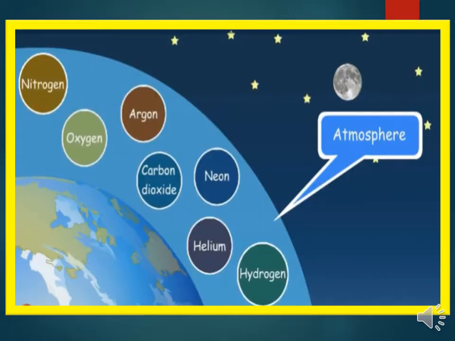So children, do you know that the air we breathe is actually a mixture of gases which makes up the bulk of the atmosphere? Now which are the gases? They are nitrogen, oxygen, carbon dioxide, helium, hydrogen, neon, argon. All this mixture of air is there in our atmosphere.